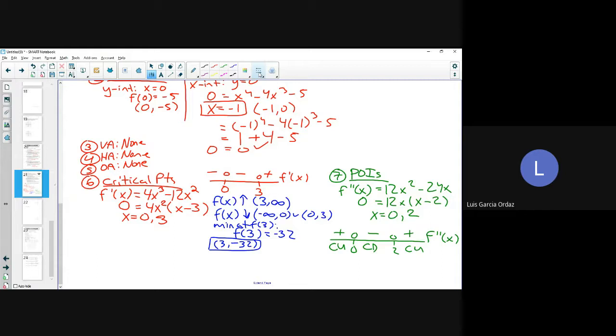We know f at 0 gives me -5, which means my point of inflection is (0, -5). But I also need to figure out f at 2. So I sub in 2 into my original function, and I get -21. So my points of inflection are (0, -5) and (2, -21).